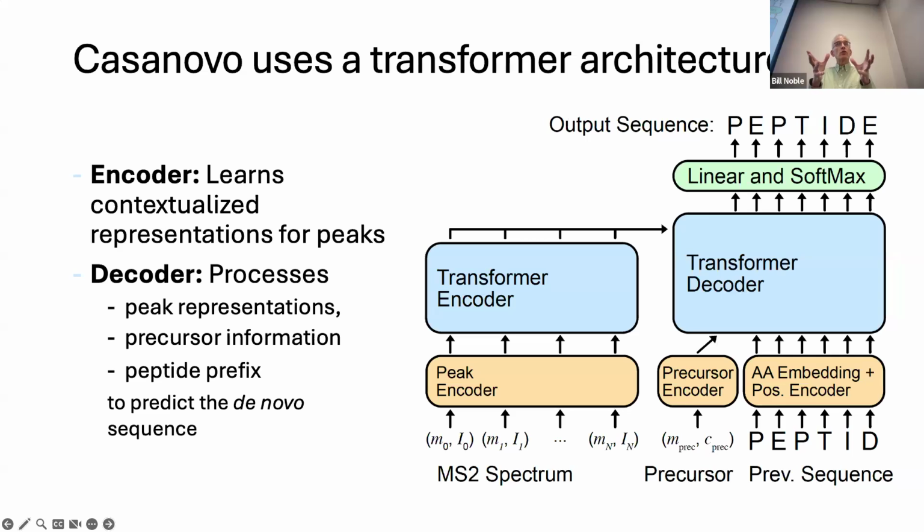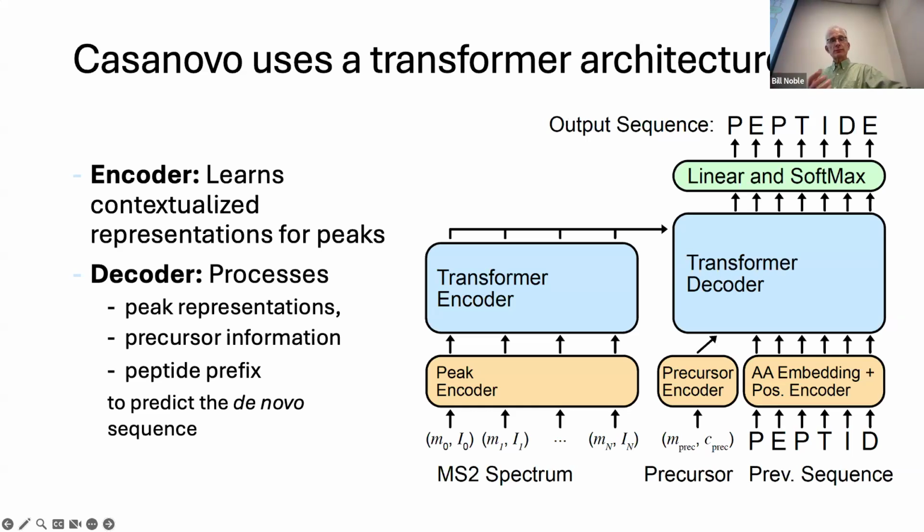So the transformer encoder learns all that information, stores it in its weights, but it also makes what's called a latent representation, a vector representation of the spectrum that's passed to the second transformer, and that's the decoder.